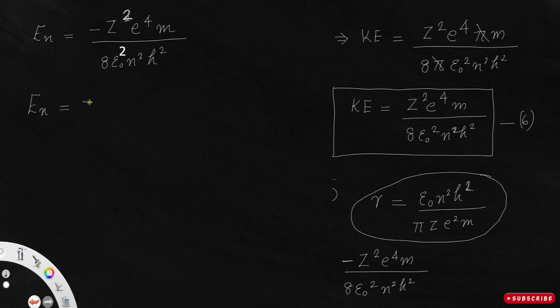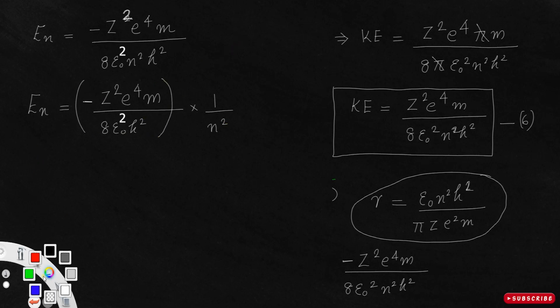So this will be minus Z square e raised to 4 m divided by 8 epsilon 0 square h square, into 1 by n square. So we can clearly confirm that energy in the nth orbit is inversely proportional to the square of the orbit number. Now we can simplify this constant. This is a constant, that's why I took En proportional to 1 by n square.